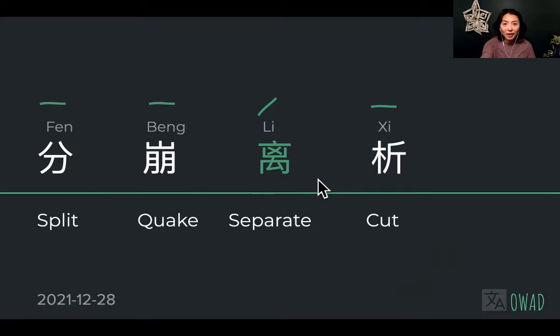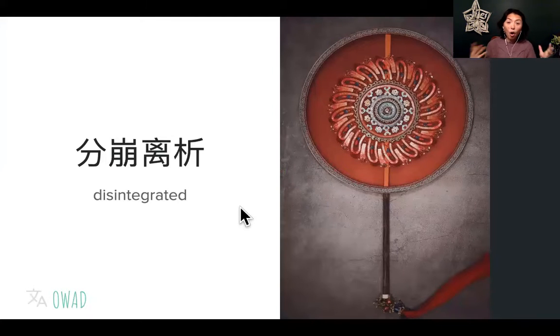So the whole phrase uses one English concept. I can only describe it as disintegrated. I mean, things do disintegrate, right? Eventually, at some point, even if that's probably not the best represented state of being, there will be disintegration in the phase of the life cycle toward the end, right?